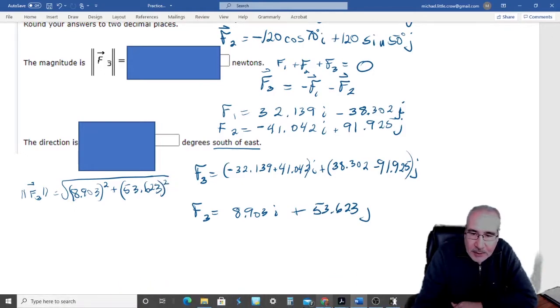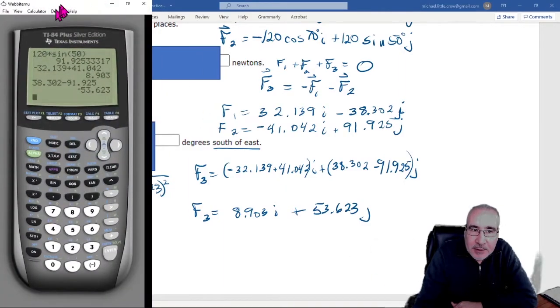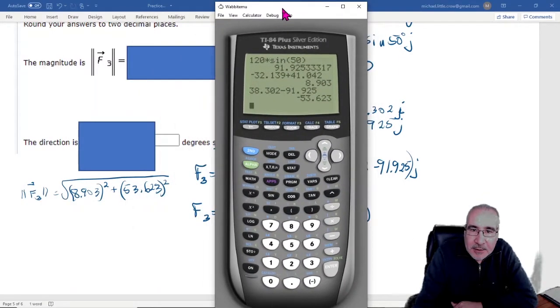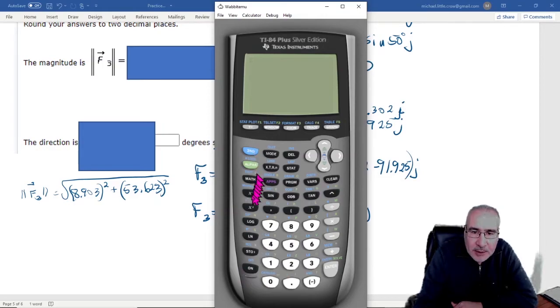Pull up our trusty calculator to handle that one. Okay, let's go ahead and clear all this stuff out. So we want the square root of 8.903 squared plus 53.623.